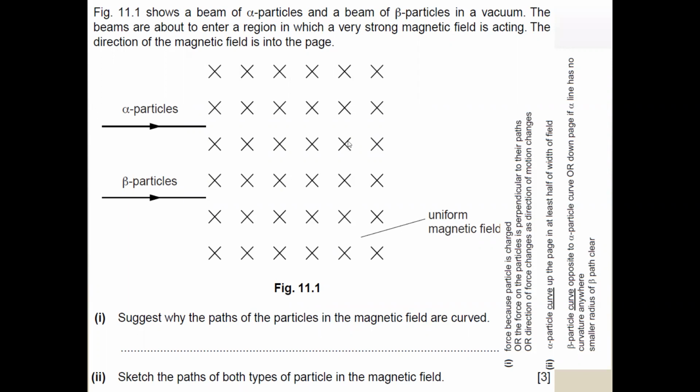Whenever objects are moving in a circular path, it is because there is a force acting towards the center. This is related to general physics. There is a force acting towards the center always. That's why the particle moves in a circular path. But sketch the path for both alpha and beta.